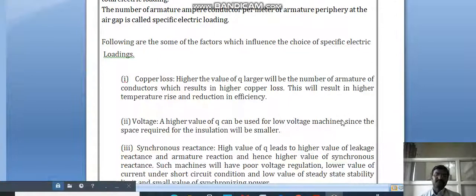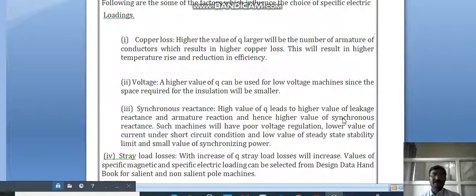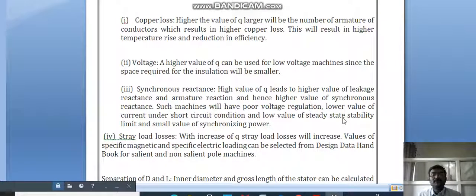Third one, synchronous reactance. A higher value of q leads to a higher value of leakage reactance and armature reactance, and hence a higher value of synchronous reactance. Such machines will have poor voltage regulation. So if you go for a high value of specific electric loading, the regulation of the machine will be reduced.